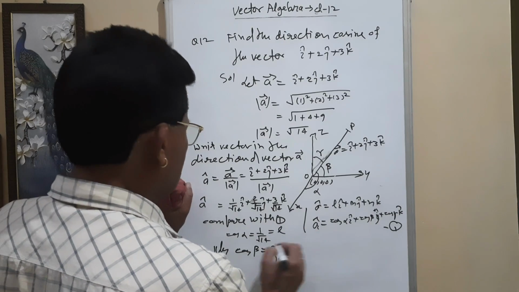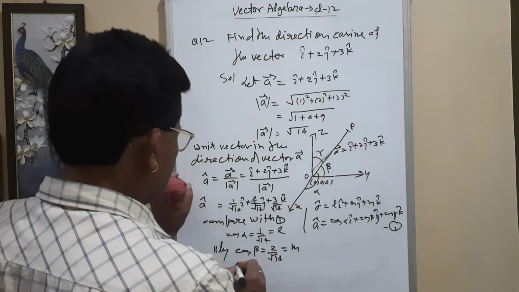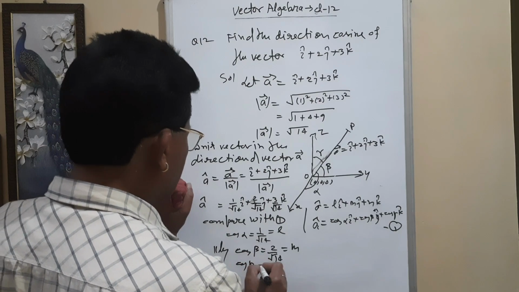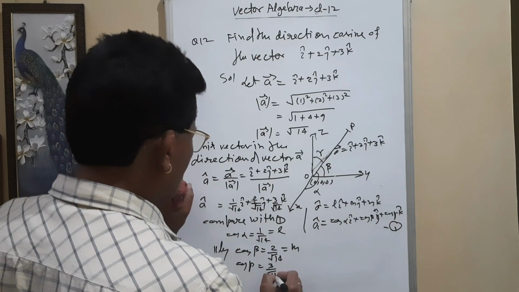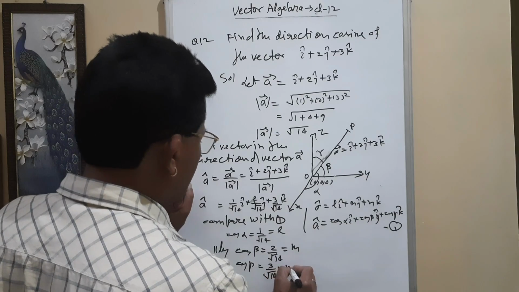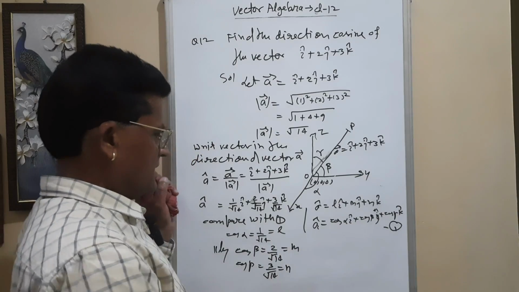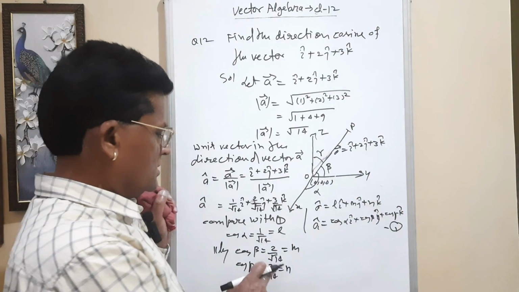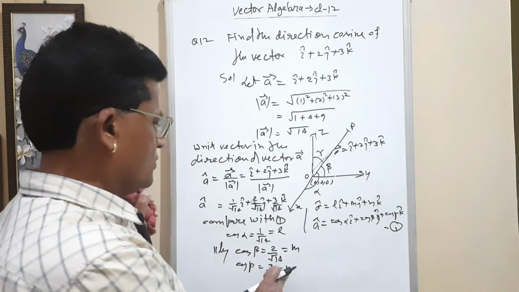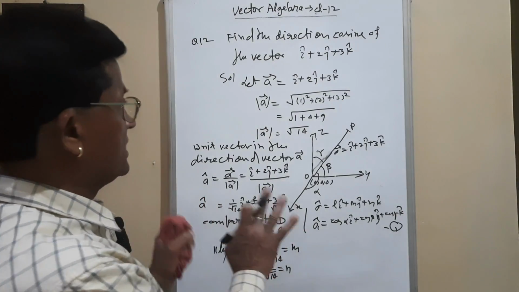And next, cos gamma will be 3 upon root 14, which is n. So l, m, n are like that, similar kind of thing will be there.